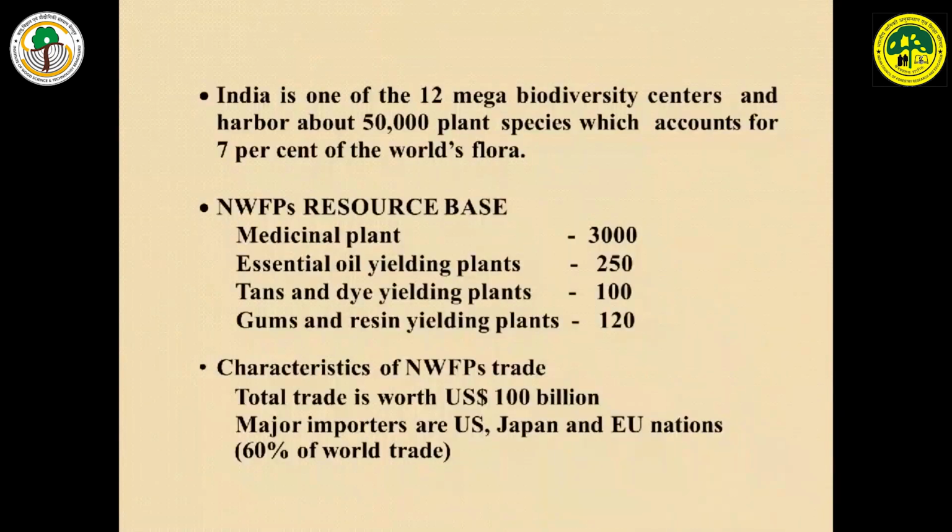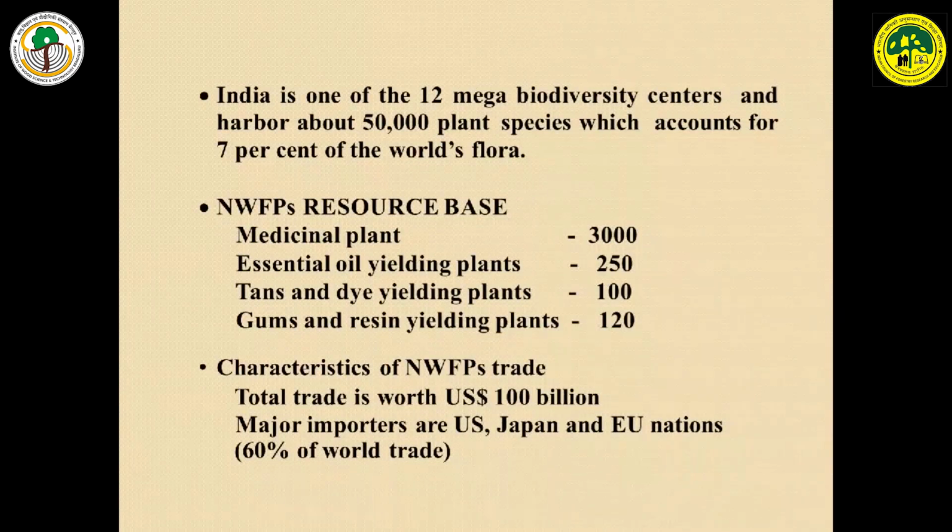As all of you know, our country is one of the 12 mega biodiversity centers, which harbors a good amount of plant flora and species, which contribute to non-timber forest produce in the form of medicine or other uses.